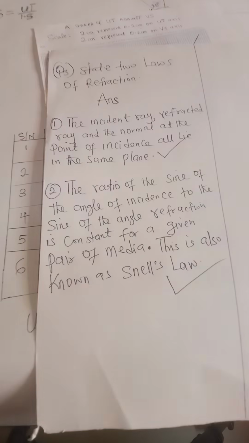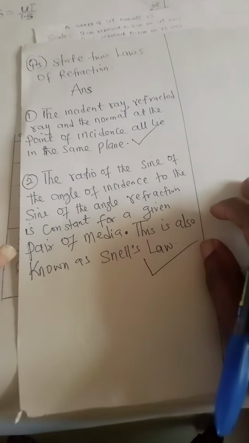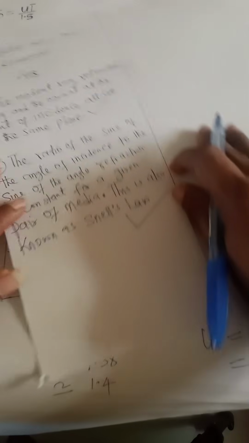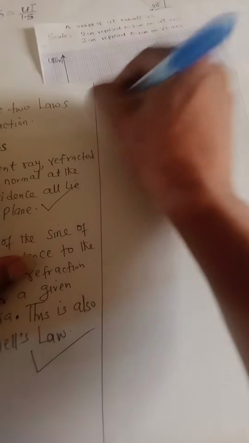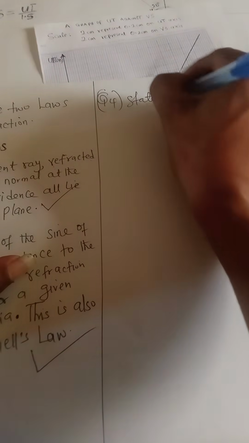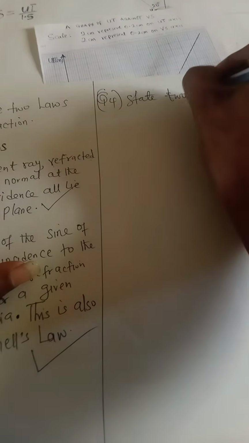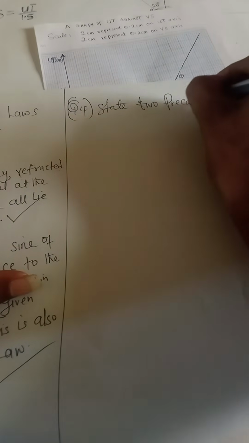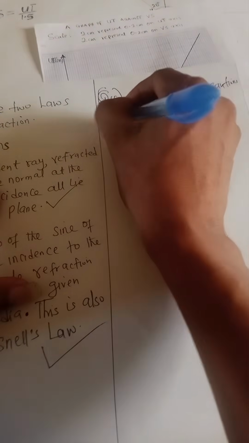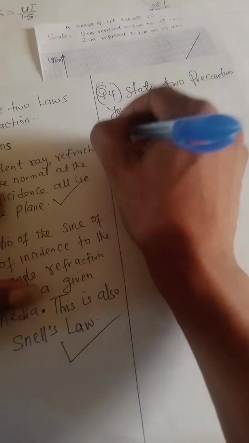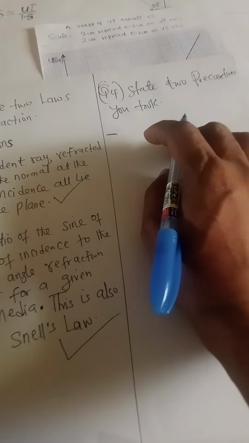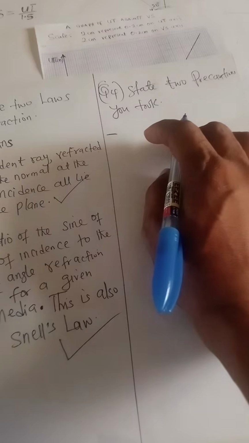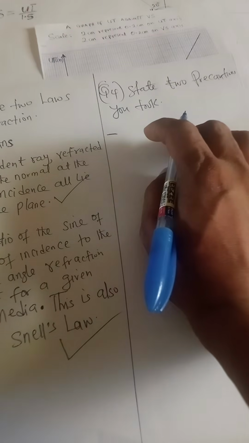Now the last question says, state two precautions you took. That is question number 4. The first one is that when you are performing this experiment, you must ensure that the optical pins were erased.